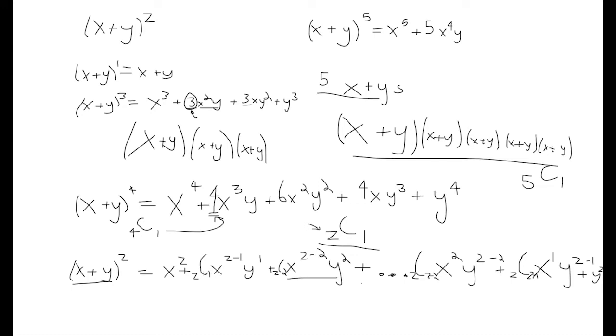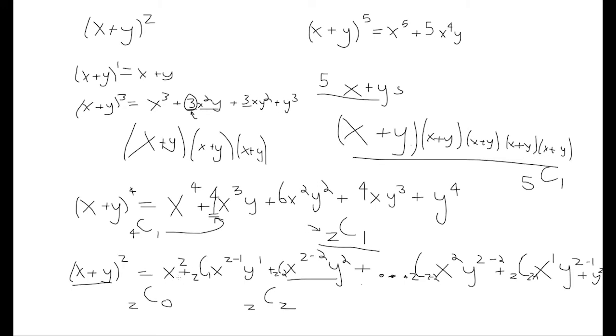Also, I know I said that there is just going to be a 1 as a coefficient for x to the z, and a 1 as a coefficient for y to the z. But those 1s can also be written as z choose 0 and z choose z, respectively. I'm talking about x to the z right now.